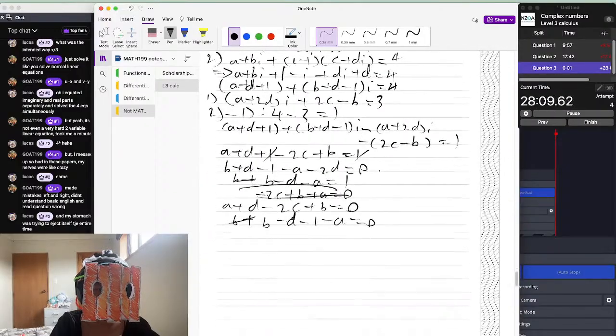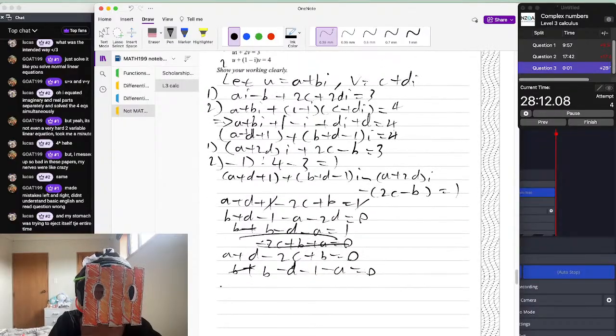Or unless, wait, let me just rewrite the equation up here. We can try and eliminate some parameters.